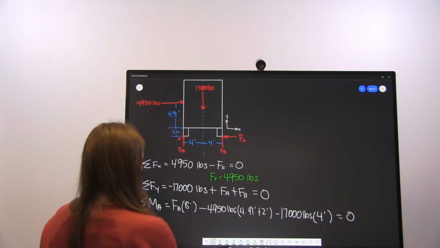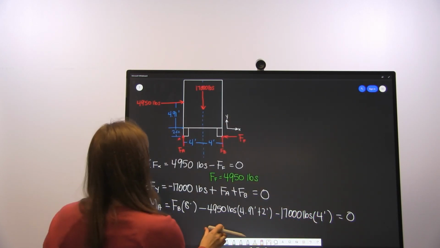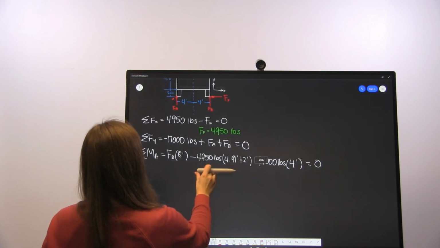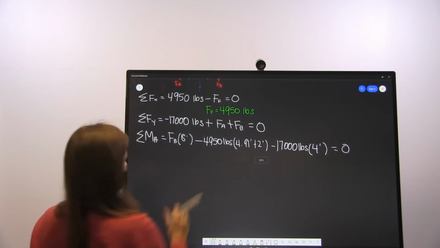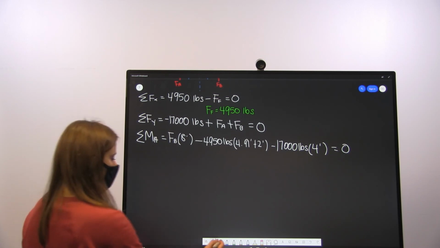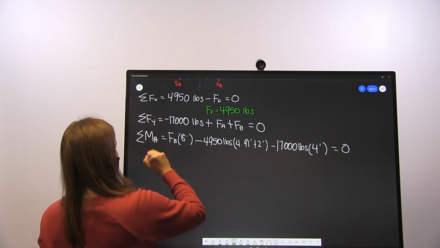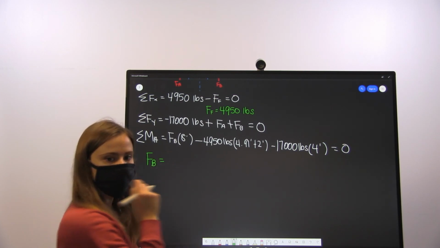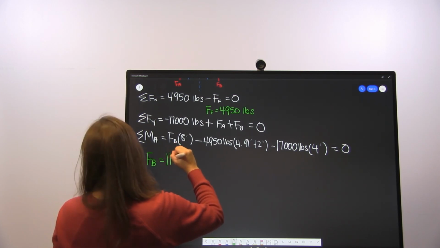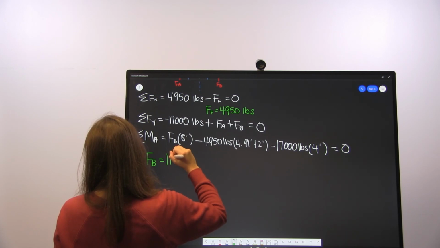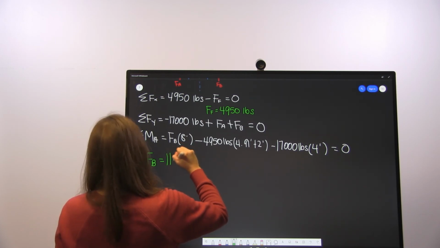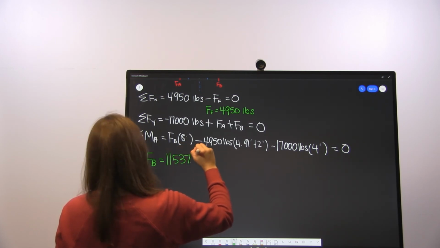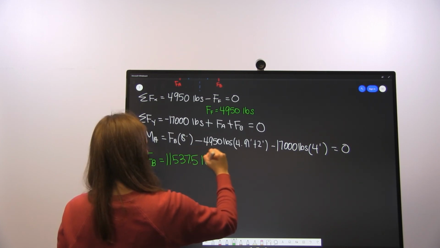And then once you go ahead and solve this, you can either plug these into Wolfram or solve them by hand, we get that force B is equal to 11,537.5 pounds.